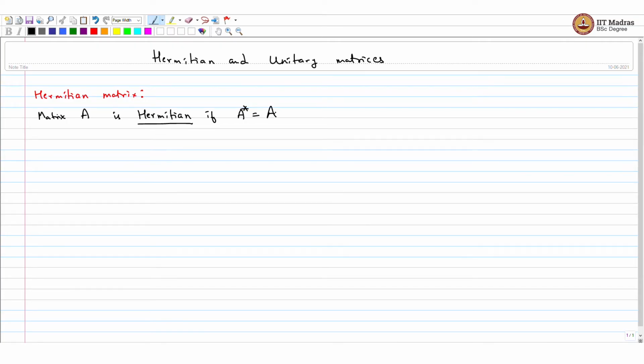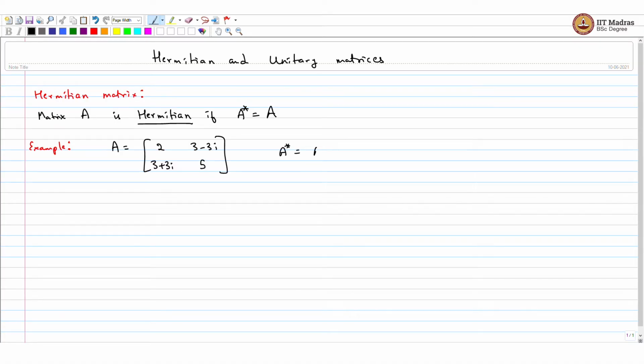So let's look at a quick example of what this means. Suppose A is the matrix with entries 2, 5, 3i and 3 plus 3i. So what is A star?